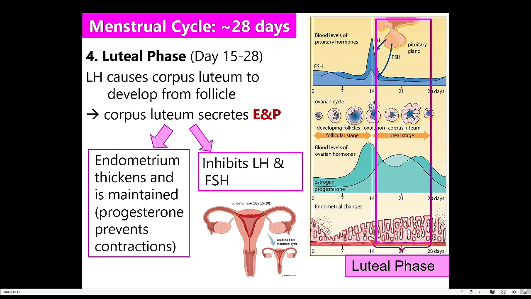Magkakaroon na naman ng shredding of the endometrium. However, there will be a different case if the egg is fertilized. Syempre, if the egg is fertilized, hindi mo na pupunta sa flow phase kasi the egg cell, the fertilized egg cell, will implant itself in the endometrium.